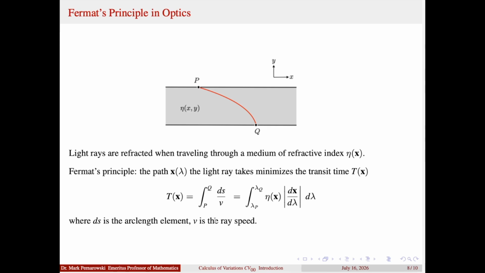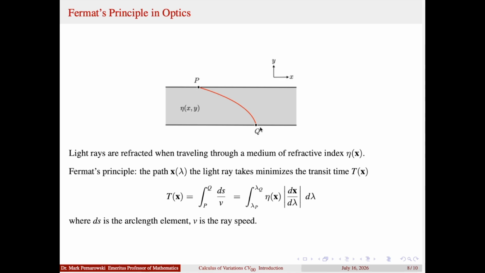Fermat's principle in optics is another one. You have a medium. Here I've got a coordinate system x and y, and the red here is going to be the path of light when it hits the medium. Light actually bends in the medium in accordance with something called the refractive index of the medium, which could be the same all the way through, in which case this will be a straight line, or it could be varying all the way along, in which case it might be a curved path.